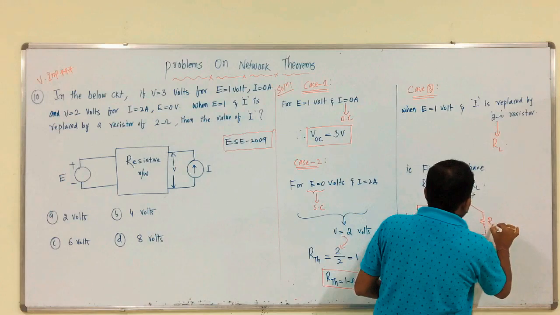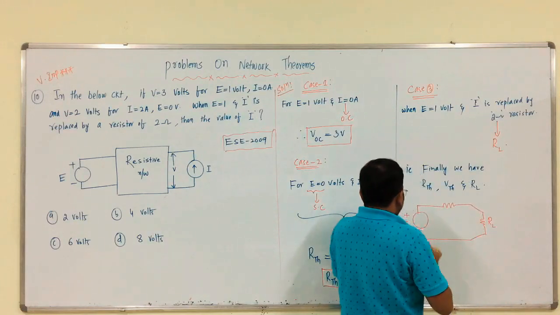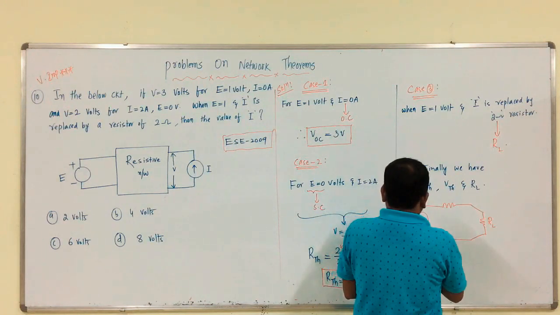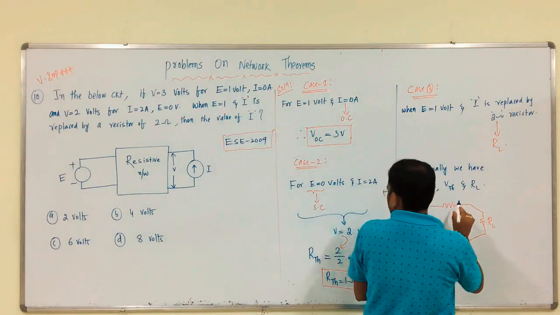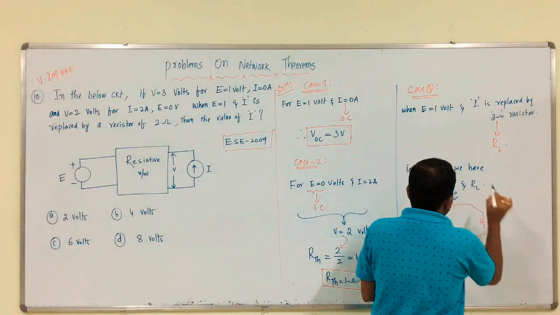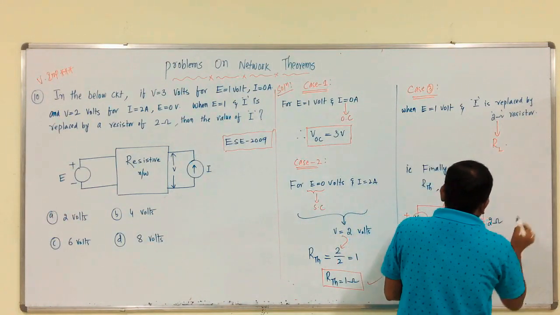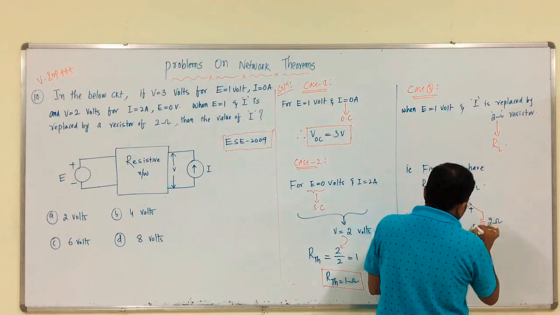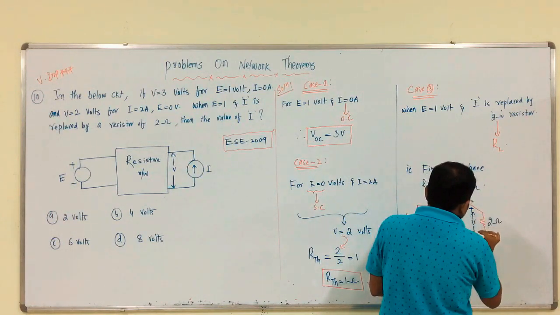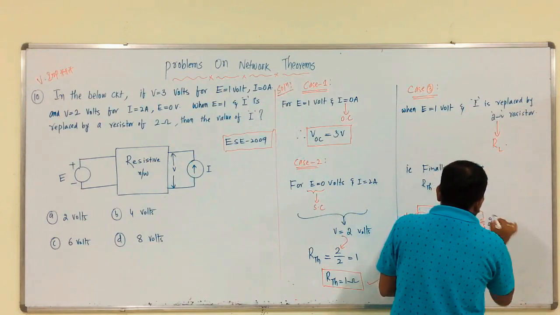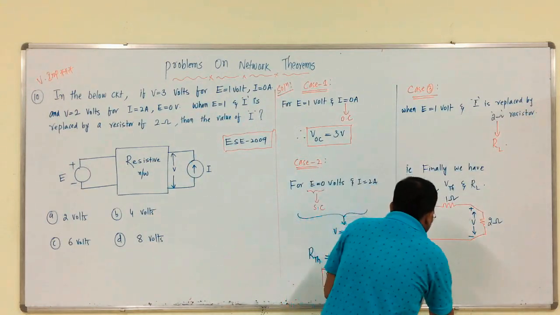So, this is RL, this is RTH. What is the value of VOC? VOC is 3. RTH is 1 ohm and this is 2, right. Current source is replaced by 2. Then we have to calculate the voltage across this 2. Simple. V is equal to what?